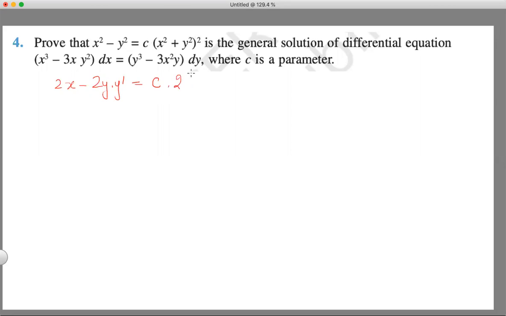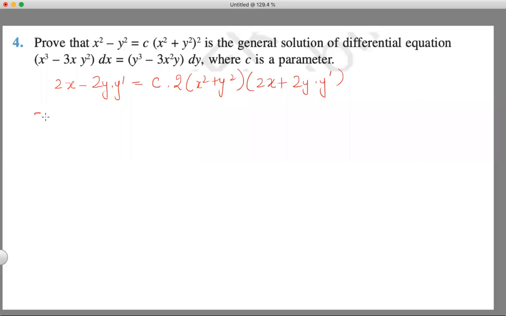So which will be 2 into x square plus y square. And then we will differentiate this, the chain rule. So 2x plus 2y into y prime.